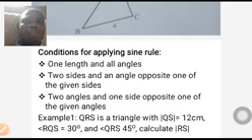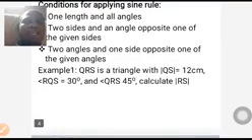The second condition is when you are given two sides and an angle opposite one of the given sides, you can also apply sine rule. The third one is when you are given two angles and one side opposite one of the given angles, then you can also apply sine rule.